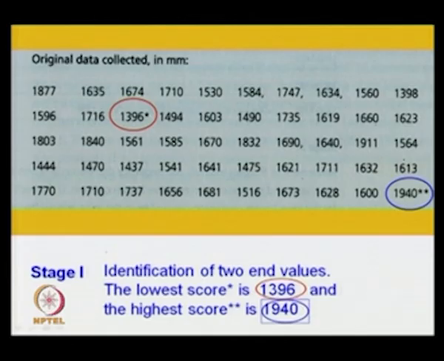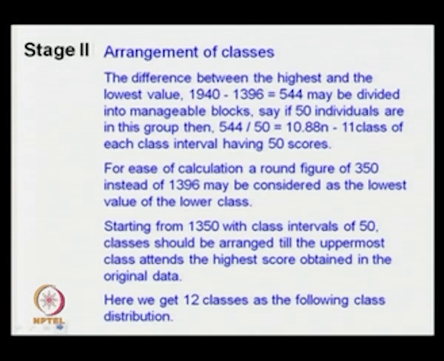Stage 1, the first stage, is the identification of the two end values, that is, the lowest score is this one and the highest score is this one. Stage 2 is the arrangement of classes.